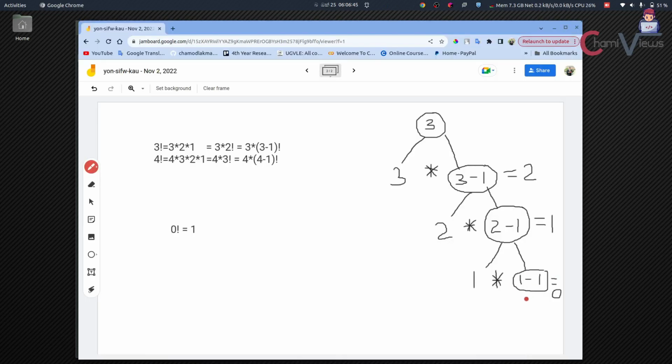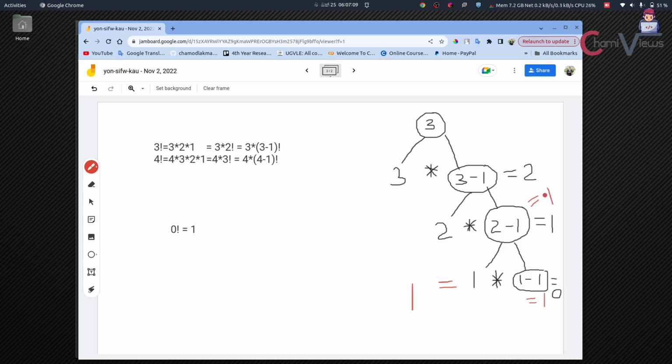Here it will return the value 1. Then 1 multiplied by 1 equals 1, so factorial 1 is 1.